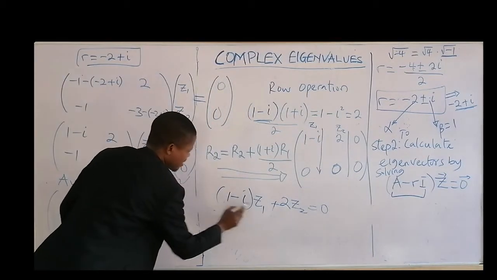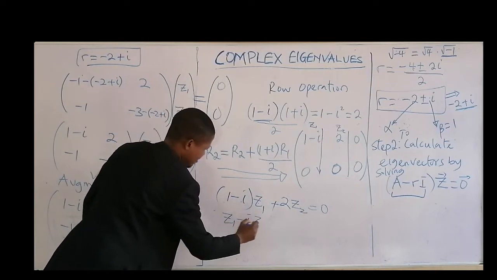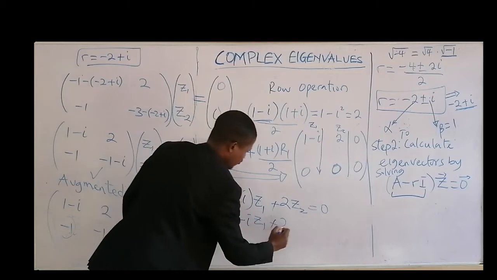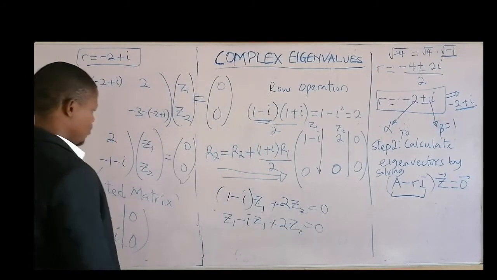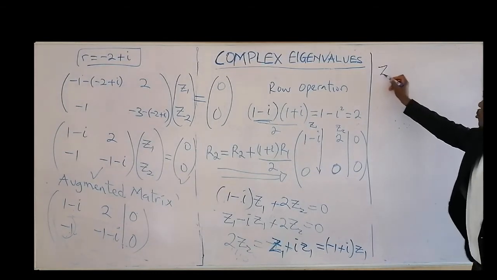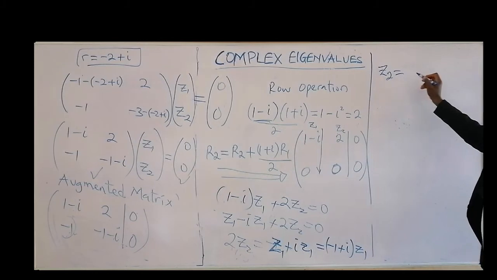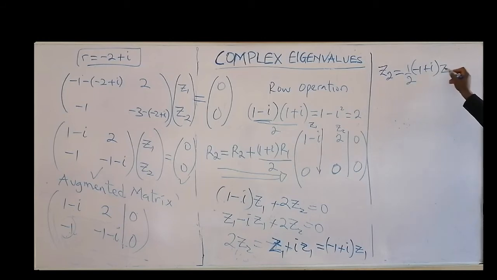It will be this one times this one, that's Z1, this one times this one. Minus i Z1 plus 2 Z2 equals 0. Then Z2 is equal to minus 1 plus i over 2 times Z1.